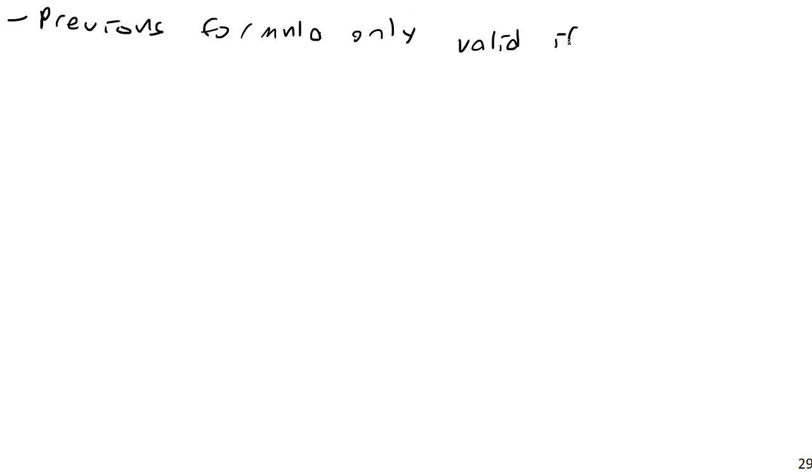Now if we look at something in greater detail, the previous formula is only valid if the weight is considered constant. But gravity doesn't tend to work that way, at least over long distances.